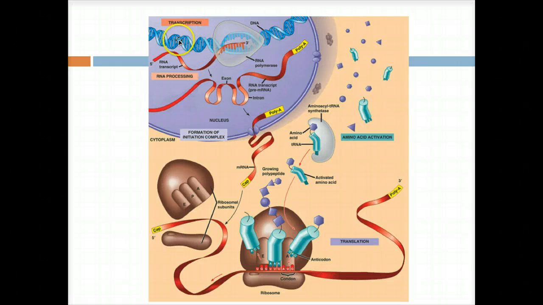Eventually, this DNA will be transcribed within the nucleus into something called a messenger RNA, this long red ribbon. The messenger RNA will then be exported out of the nuclear pore, as you can see. It will eventually bind with the ribosome, which is this large brown unit, in order to produce a polypeptide, right? So we've talked about polypeptides, also known as proteins, which are made up of amino acids.